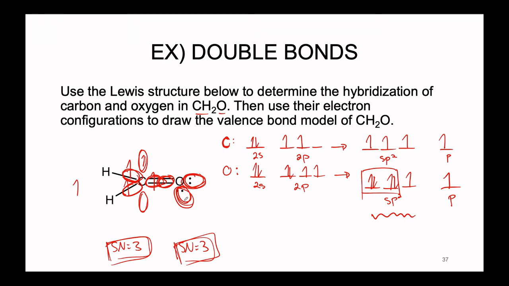These 2 lone pairs are exactly these 2 electrons in the sp2 hybridized configuration. So we can make a prediction that the lone pairs are going to have 120-degree bond angles between them, as well as between each of them and the double bond on the other side. So they are all spread out.